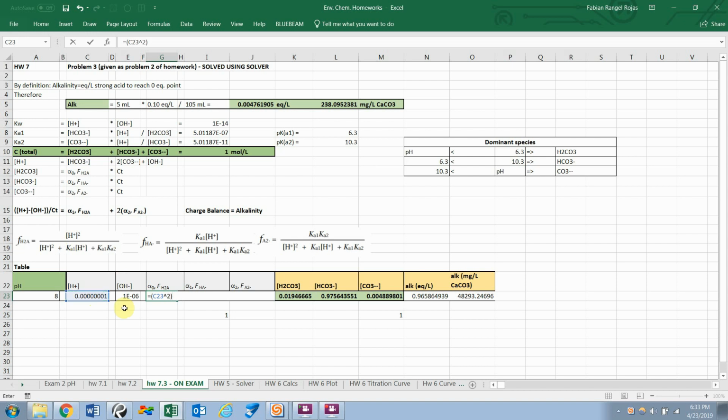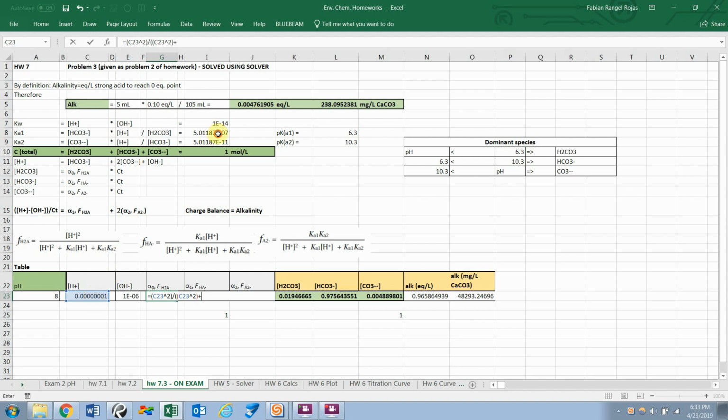So I'm squaring it. Now it needs to be divided by this denominator. So I'm going to divide it, open parentheses again, get my H plus value, square it, close parentheses, plus Ka1.